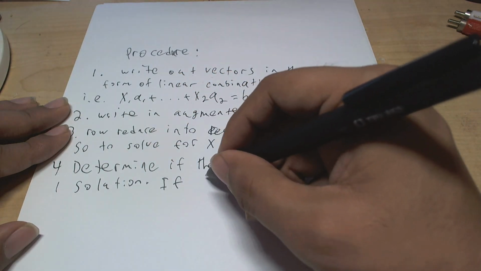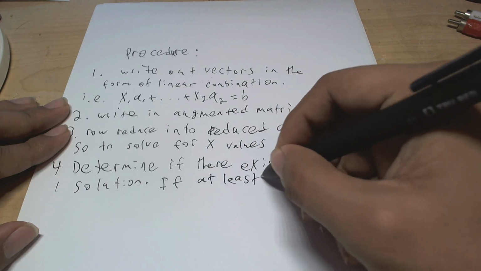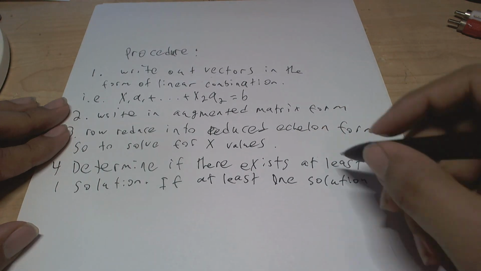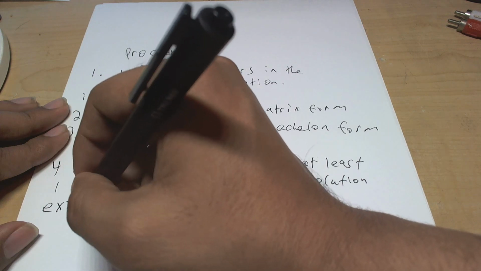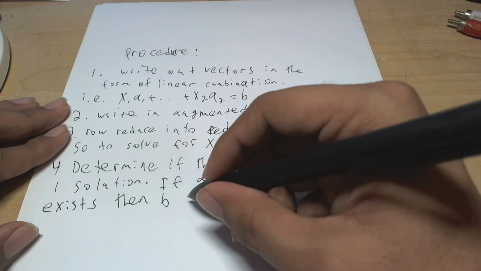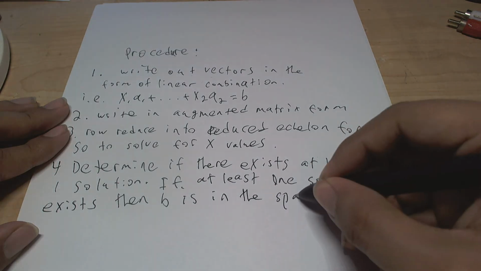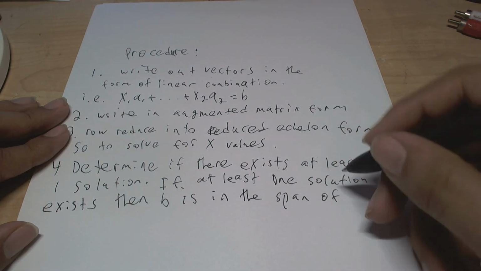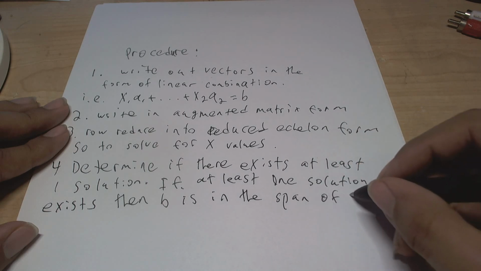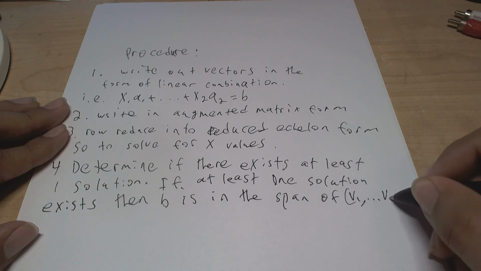If at least one solution exists, then b is in the span of v sub 1 dot dot dot v sub p.